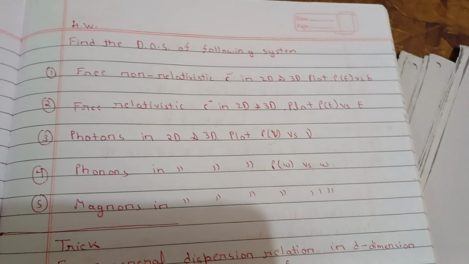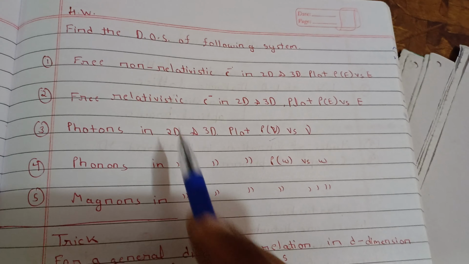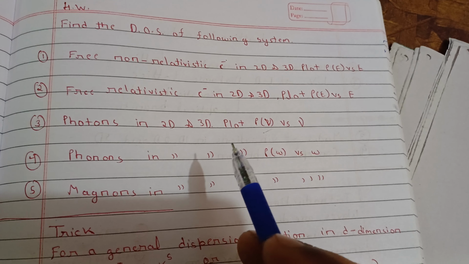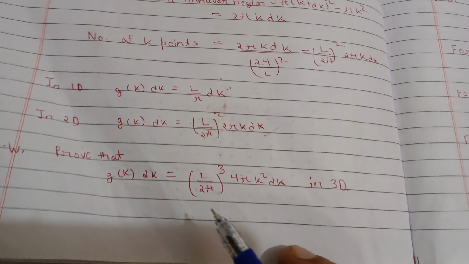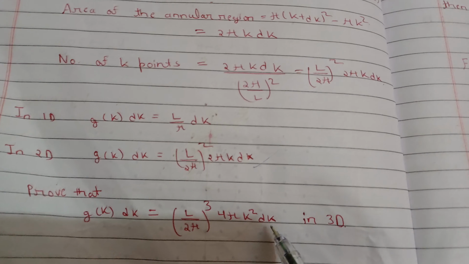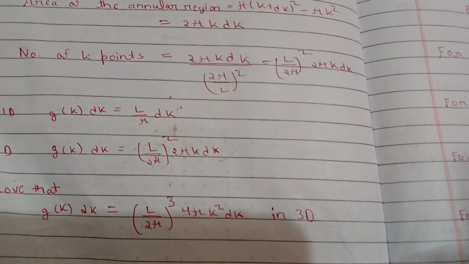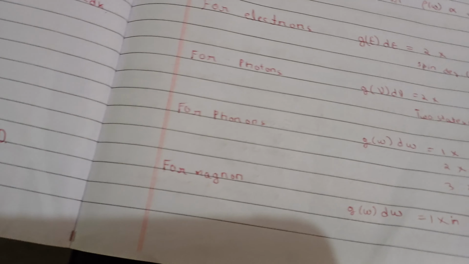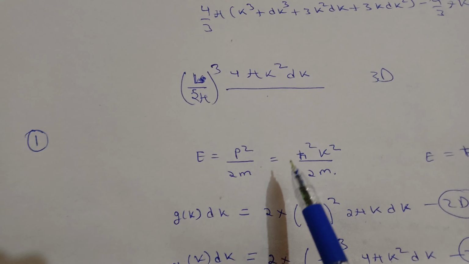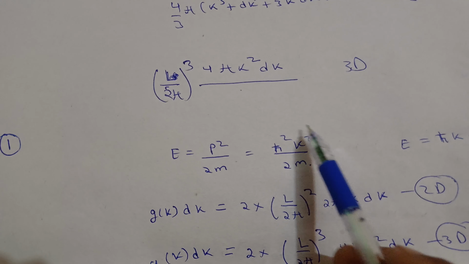Now I gave you some problems, and now you can solve them. Just solve them in the 1D case, remembering that you need to use this formula for 3D. Find the dk value with the relations; as we know, in the non-relativistic case the energy term for the electron was this.